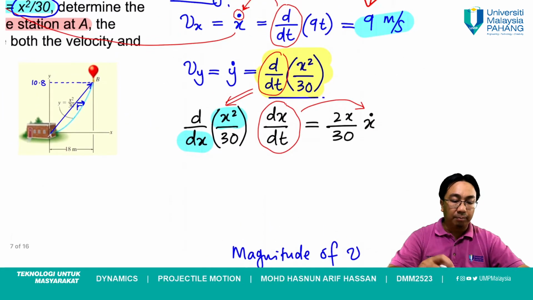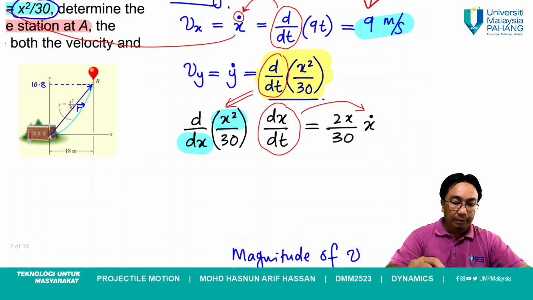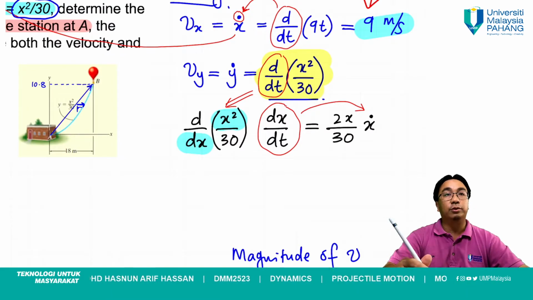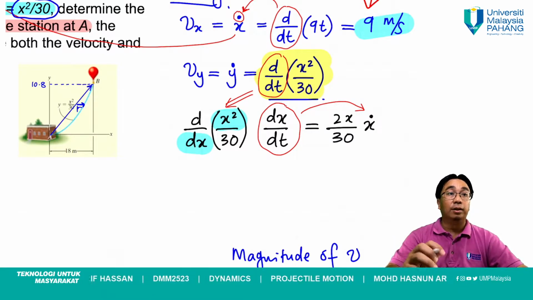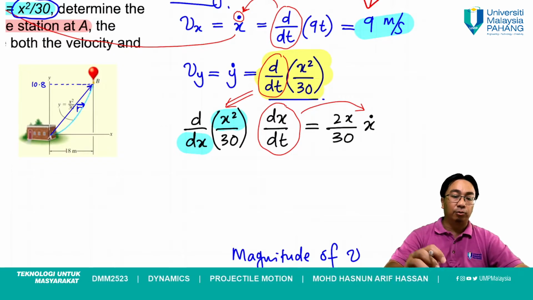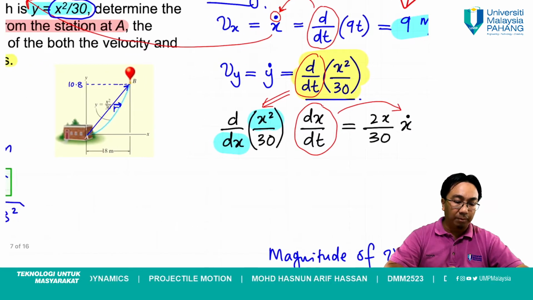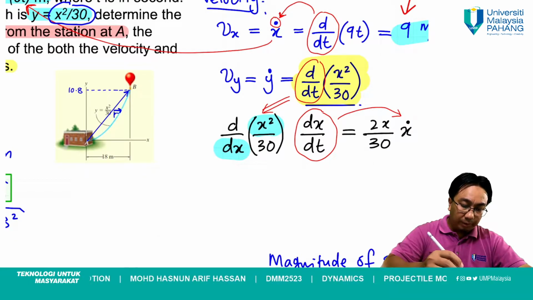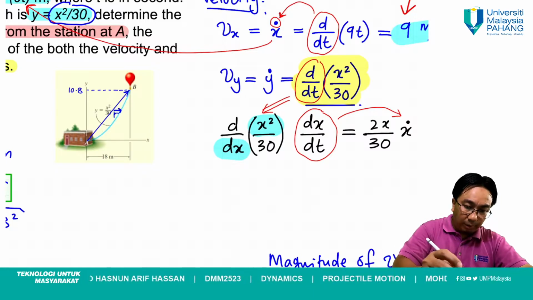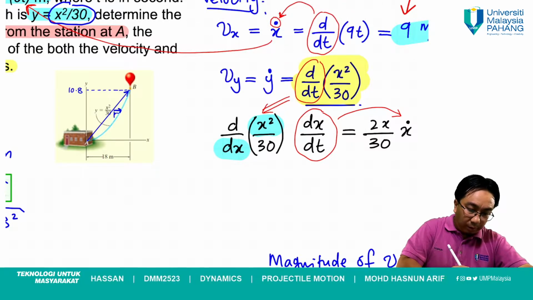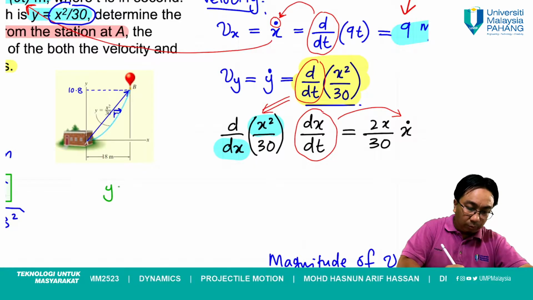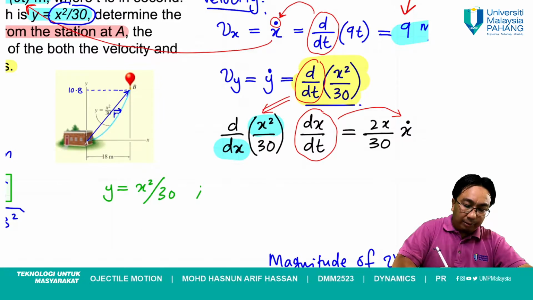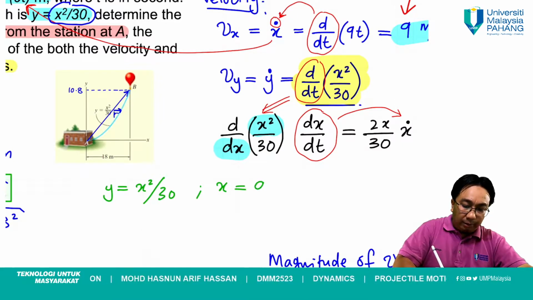Tapi ada cara yang lebih mudah. Sebelum ni ada juga yang bertanya whether we have to use chain rule ataupun you boleh substitute. Kalau you boleh substitute, then substitute so that you tak payah use chain rule. So what I mean by substitute is that kita ada di sini y is equal to x square over 30 and we already know that x is equal to 9t.